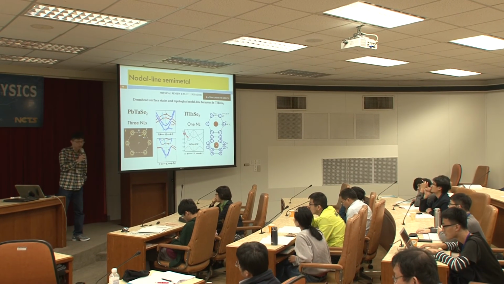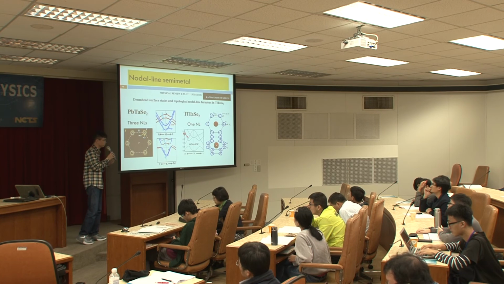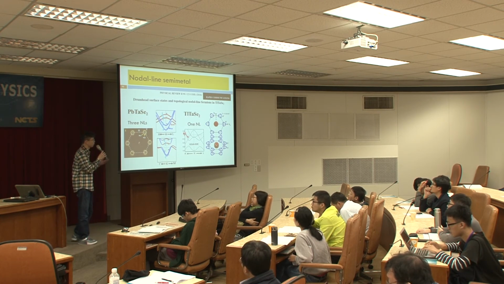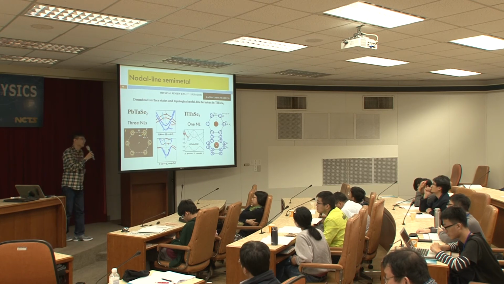I don't have an exact answer, but I can expect this will be very different from the Dirac system, because in the Dirac system it's very easy to define a Landau level. But in the crossing type of Fermi surface, I don't know the answer, sorry.